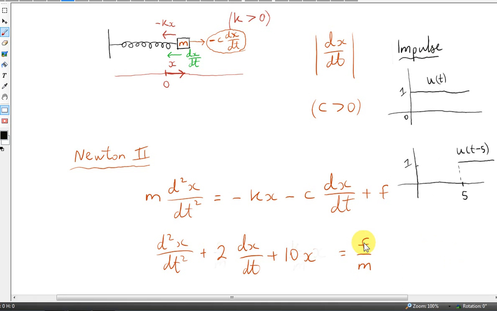Now in the example that we are doing, it turns out that F divided by m is a box function from t equals 0 to t equals 5, or a rectangular function if you like. To get that function, we take u of t, the unit step, and subtract u of t minus 5. So we're dealing with a unit step function here actually. That's the situation in this example.